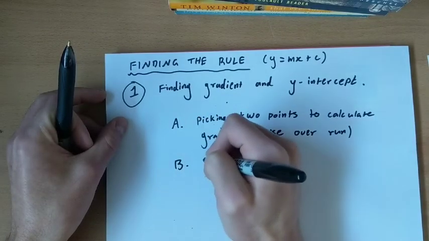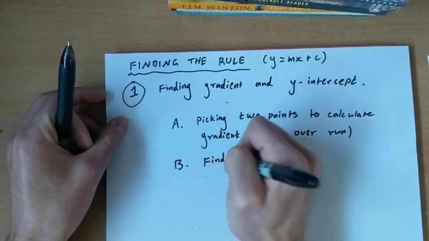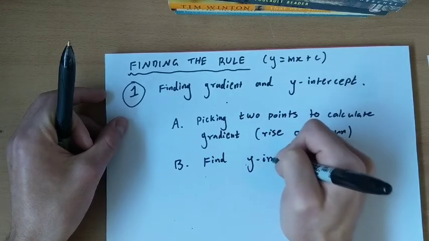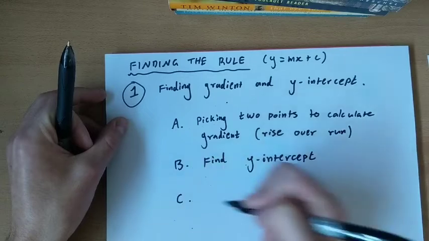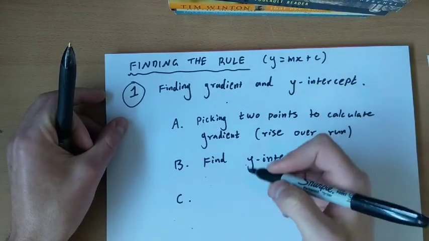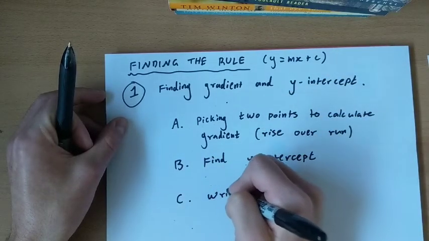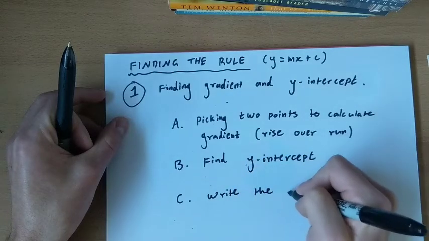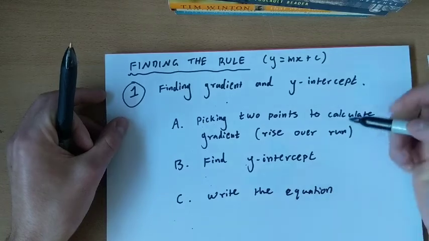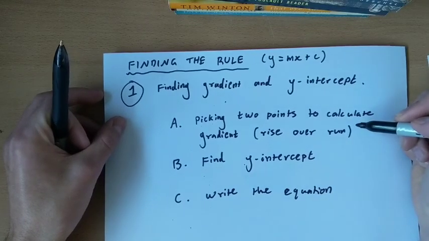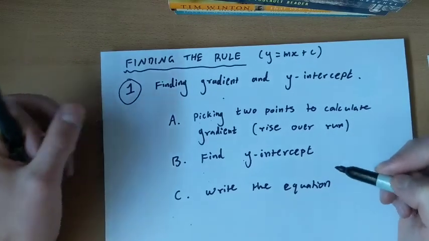Then I'm going to find the y-intercept. And finally, I'm going to use those 2 bits of information to write the equation, where the gradient that I calculated becomes my m and the y-intercept becomes my c.